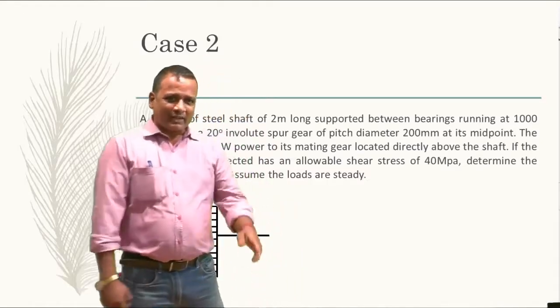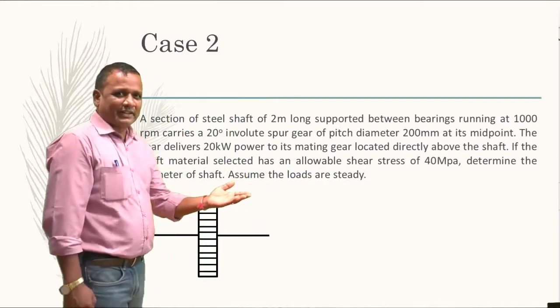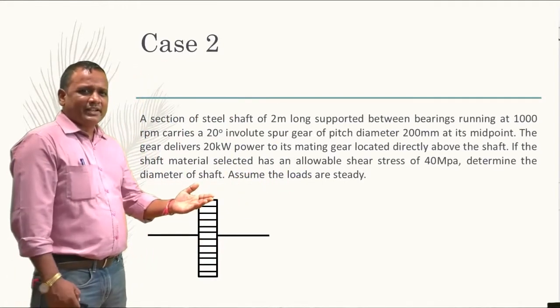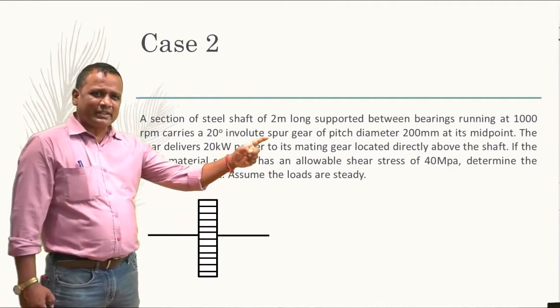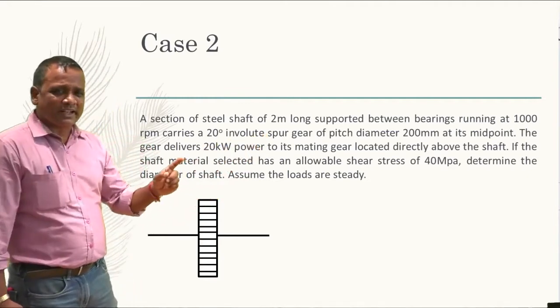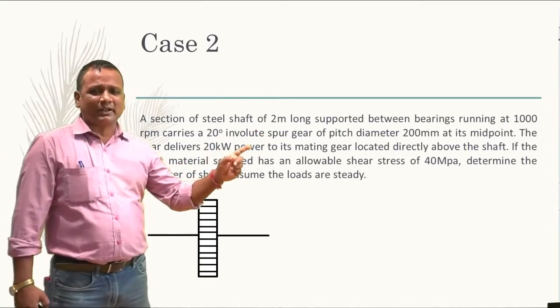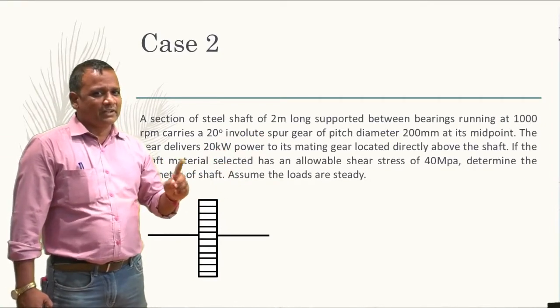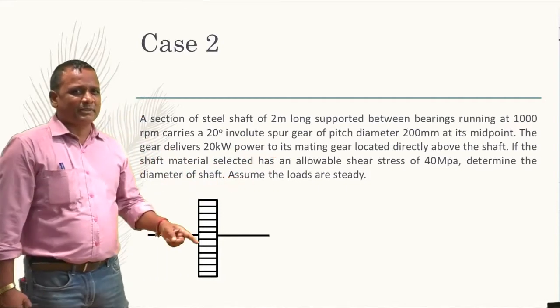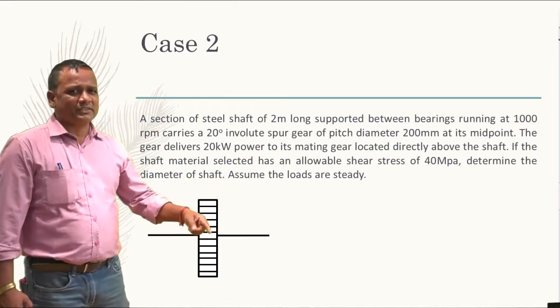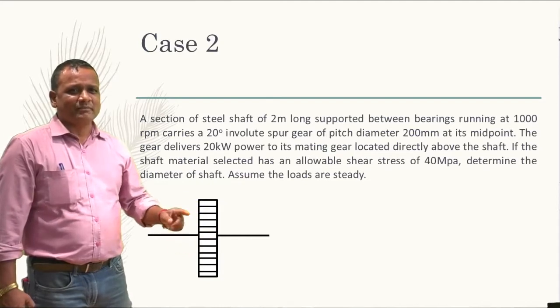For which I will be considering this particular example, which says: a section of steel shaft 2 meter long, supported between bearings, running at 1000 rpm, carries a 20-degree involute spur gear of pitch diameter 200 mm at its midpoint. As you can see, the shaft and the gear is loaded at the midpoint.